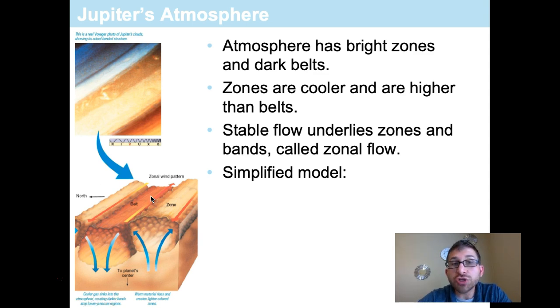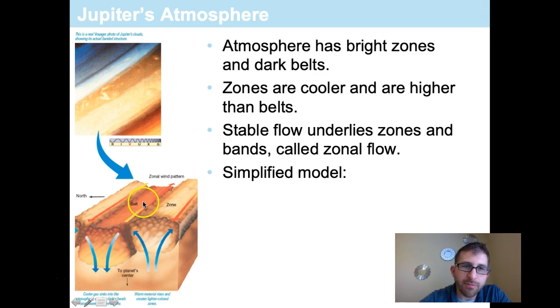The motion of Jupiter's atmosphere can be determined based on the convection cell model. As the higher clouds are rising, the zones, in other words, the belts or lower clouds are falling.